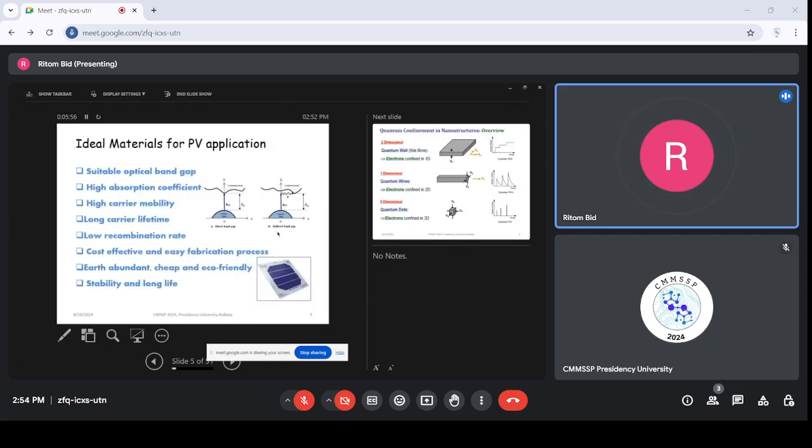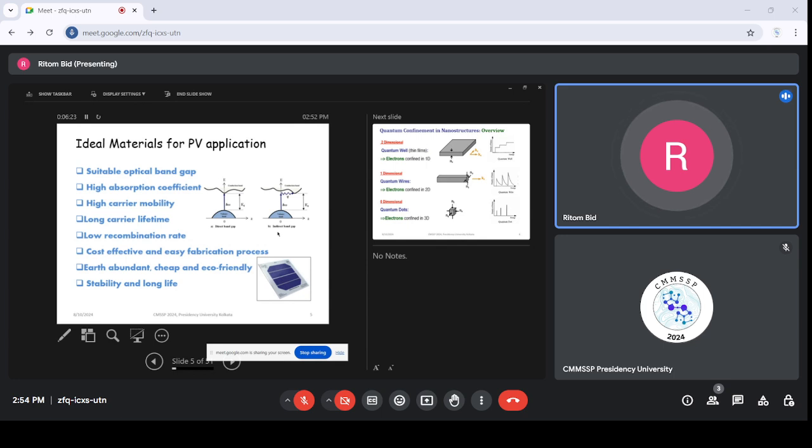So the materials are, as I mentioned, the most important part of any kind of devices or technologies. So the band gap. When you choose a material for your optoelectronic application, you have to first consider the optical band gap. The band gap has to be such that the electronic transition occurs and you get the charge carriers inside the material.